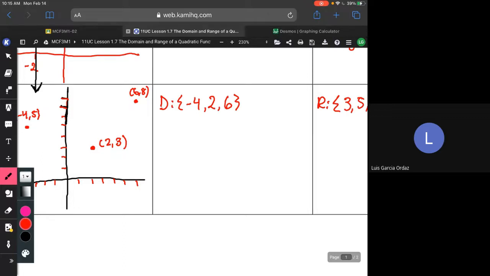Because there's no in between. They're just specific points, and those are the points that exist. And remember, don't make the mistake of connecting your lines with a scatter plot, because it's not supposed to be done like that. Scatter plots are more for data collection than they are actual graphs, hence why you don't connect the points.